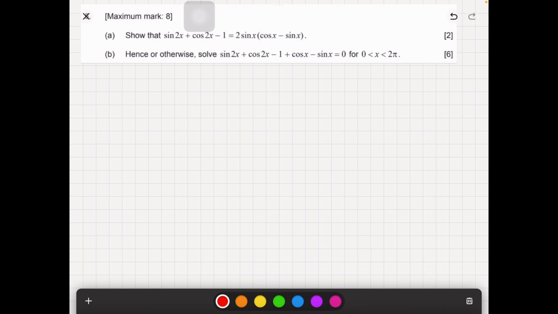And part B says, hence or otherwise, solve sine of 2x plus cosine of 2x minus 1 plus cosine of x minus sine x equals 0, for 0 is less than x is less than 2 pi.